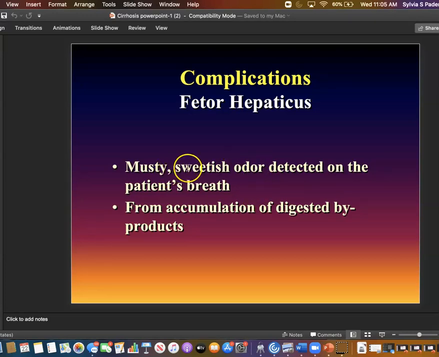If you smell a patient with advanced liver disease, their breath is usually a musty, sweetish odor, and it's mainly from accumulation of digested byproducts. So basically the body is not processing everything they eat. It is coming back as a bad thing.